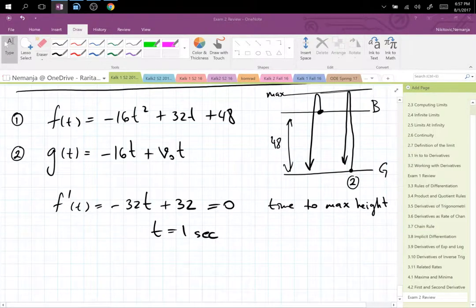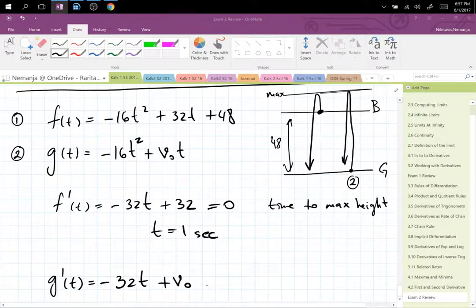So now we find the derivative of the second stone, which is, I forgot the square there, or the computer erased it, negative 32t plus v0, also needs to be 0. But it makes no sense to have the same initial velocity.